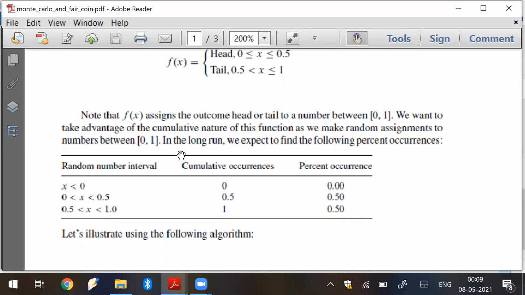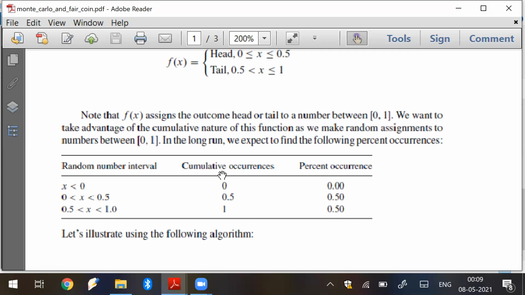If x falls within 0 to 0.5, then cumulative occurrence is 0.5, and percent occurrence is also 0.50. And if x falls between 0.5 and 1, then the cumulative occurrence takes 1, and the percent occurrence is 0.5. So we are going on adding whatever probability or chance you are getting here, just as we do for the distribution function.